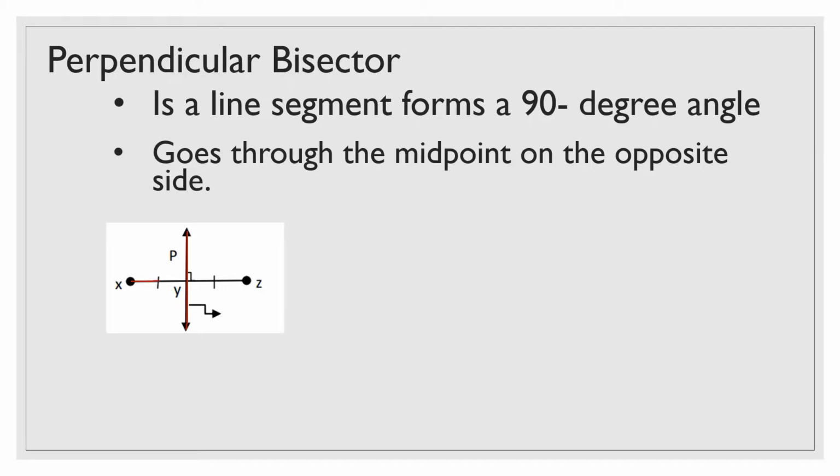Ito yung segment XZ na in-intersect ng perpendicular bisector natin. Perpendicular bisector because it will form a 90 degree and it divides a segment or a side into 2 congruent parts. Kaya yung XZ ay mahahati sa dalawang congruent segments. So magkakaroon tayo ng XY congruent sa YZ.